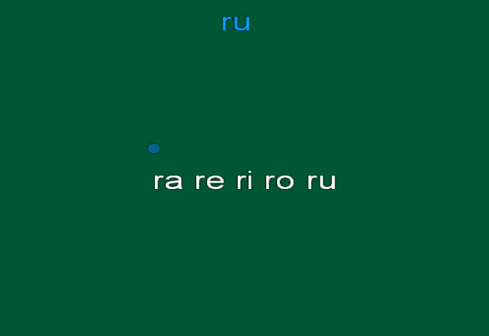Then we have the R sound. R is not like the English R. We vibrate the R. So ra, re, ri, ro, ru.